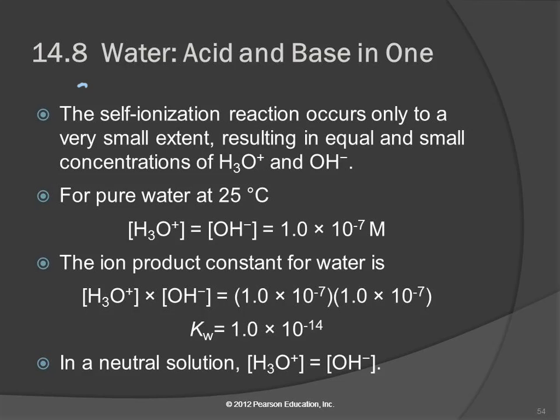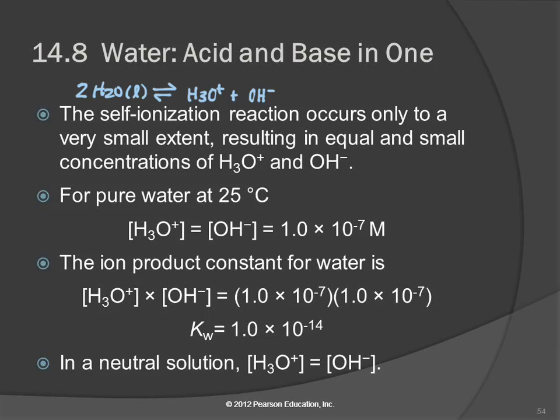So here we have 2H2O liquid in equilibrium with hydronium ion and hydroxide ion. It's kind of silly to say it's aqueous, so let's just leave that out for now. So the equilibrium constant for this would be the concentrations of the products divided by the concentrations of the reactants, and everything raised to the power of their coefficients.